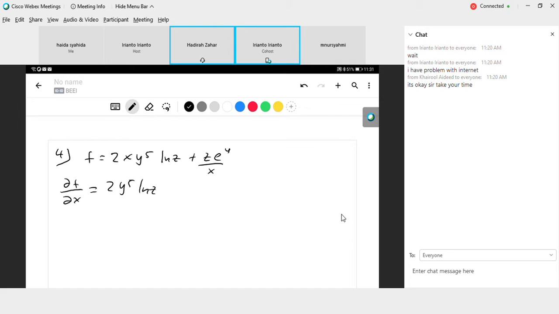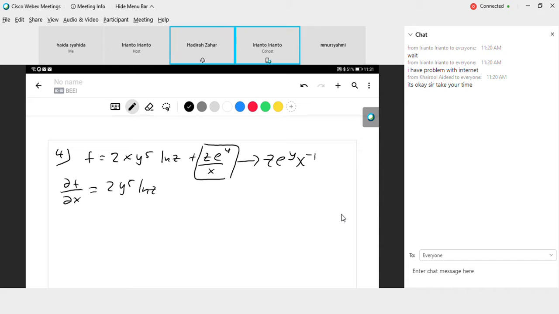Are you sure it's plus? Is it not negative? This one you can also rewrite as z e^(y) times x to the power of -1.